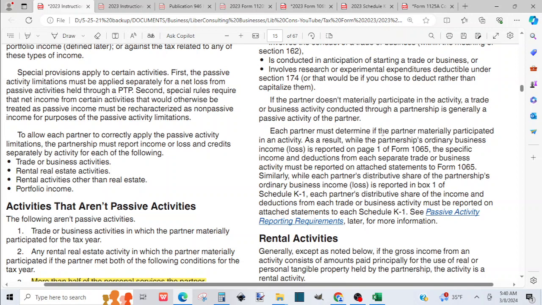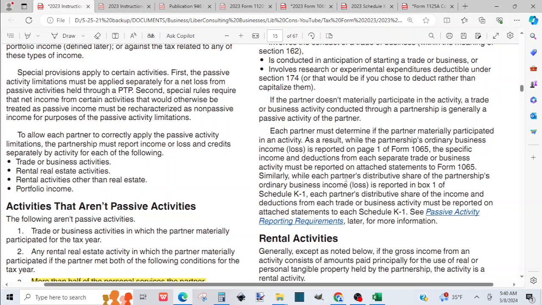Each partner must determine if the partner materially participates in an activity. As a result, while the partnership ordinary business income or loss is reported on page 1 of 1065, the specific income and deduction from each separate trade or business activity must be reported on an attached statement for Form 1065.